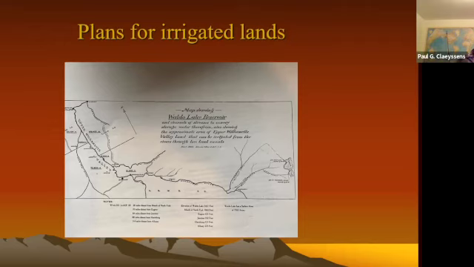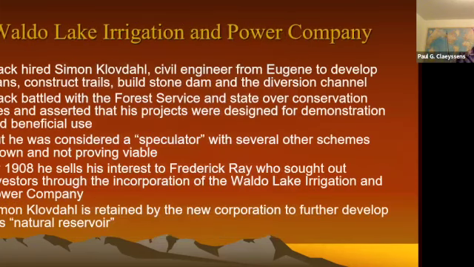And the idea was, well, we could provide year-round, or at least in the dry season, agricultural lands could be potentially irrigated by Waldo Lake. So a lot of words on this one, sorry.